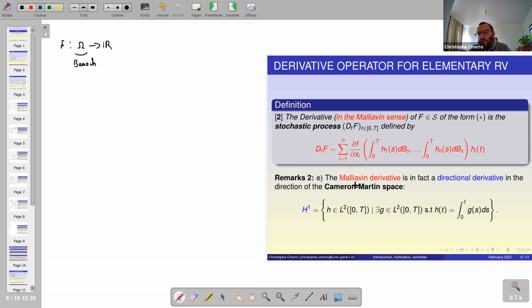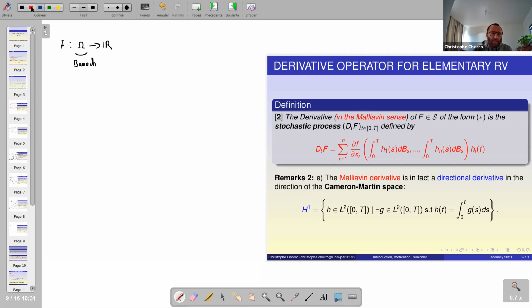To be more precise, H1 is the set of the elements h in L2 that may be written as the partial integral of an element in L2. Okay, h has this very particular form.